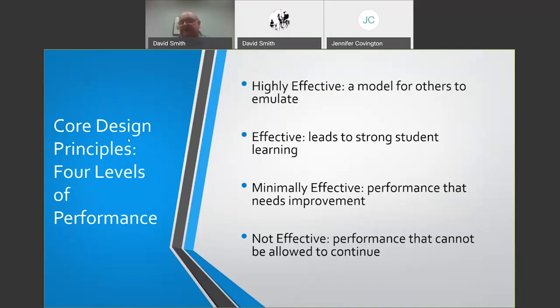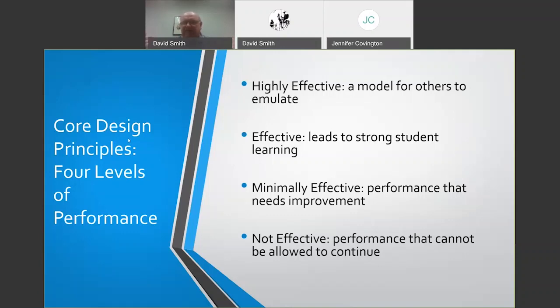If you're effective, that leads to strong student learning. And effective means that you are doing a very, very sound, very nice, very effective job as a principal. There's nothing wrong with what you're doing. It doesn't mean that you're not good if you aren't rated highly effective.